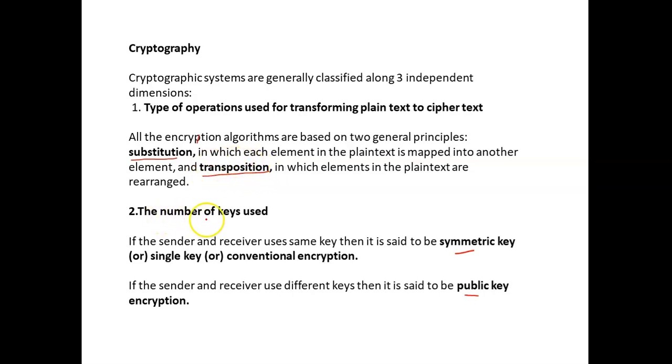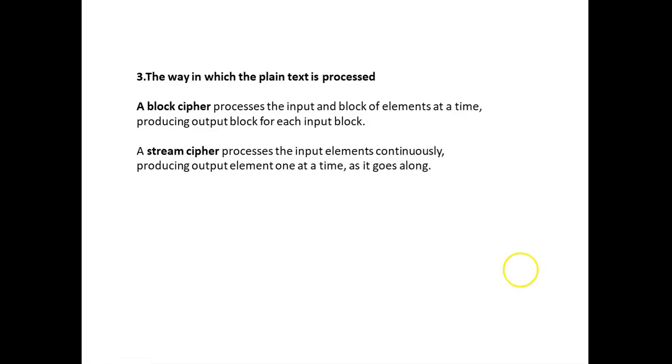The next one is the number of keys used. There are two different types: symmetric key, also known as the single key, or the public key, where two different keys are used, one for encryption and another for decryption. The third is the way in which plain text is processed.